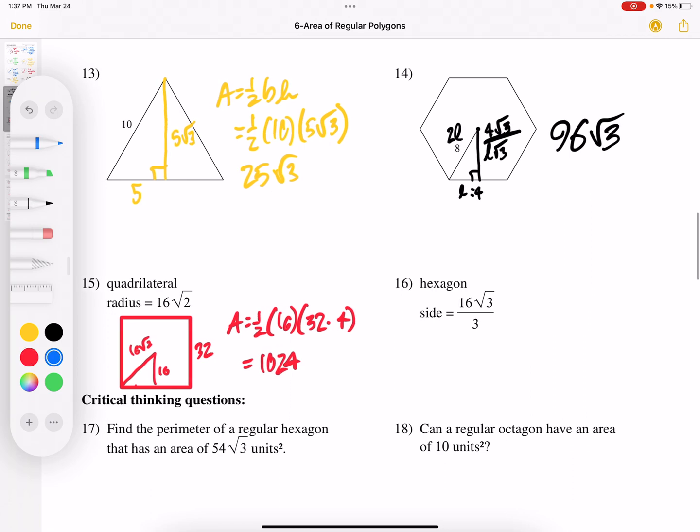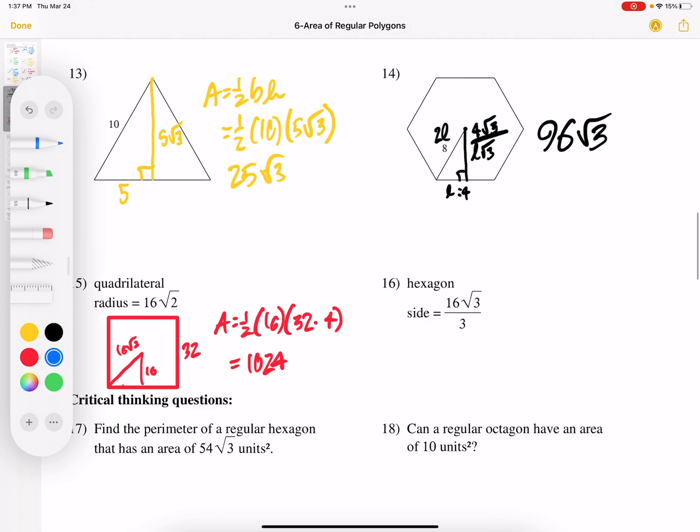A hexagon that has a side length of 16 square root of 3 over 3. Well, I know if I draw in my triangle, that means this is going to be 8 square root of 3 over 3, 2L, L, and this is L square root of 3. So I'm going to take 8 square root of 3 over 3, multiply it times square root of 3. This is 3, so all of this cancels.